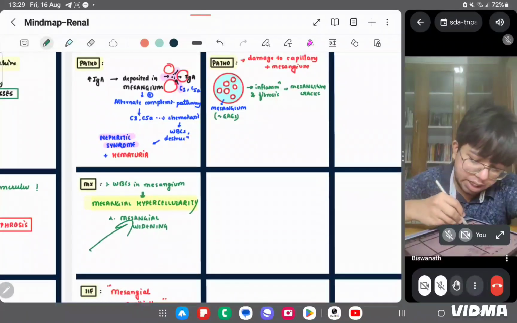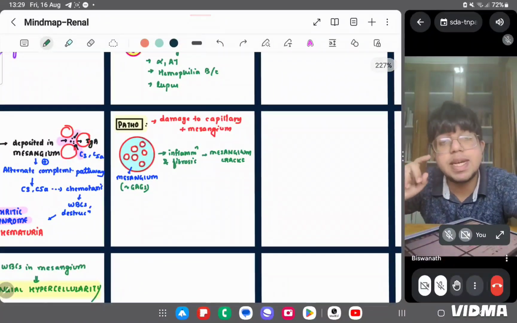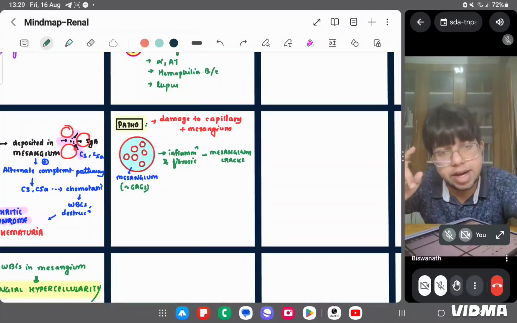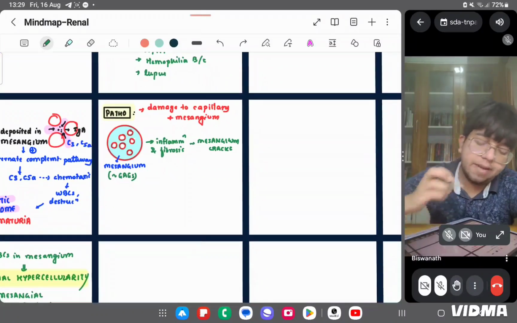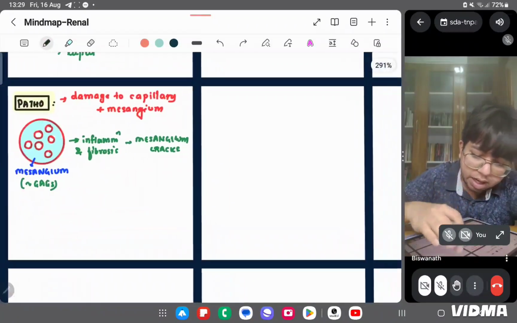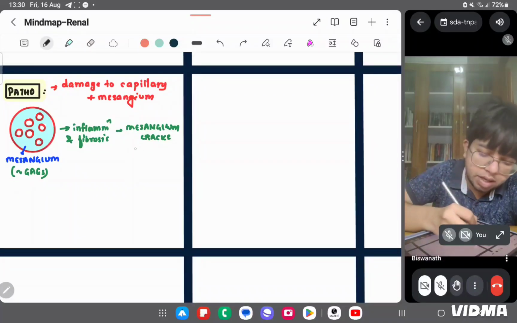So here both mesangial and endocapillary hypercellularity will be present. With inflammation and fibrosis, the mesangium will crack, and the mesangial side of the GBM will be damaged.